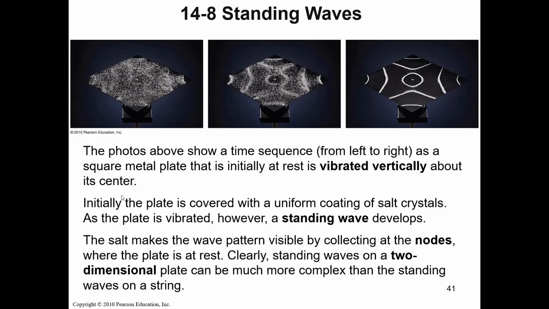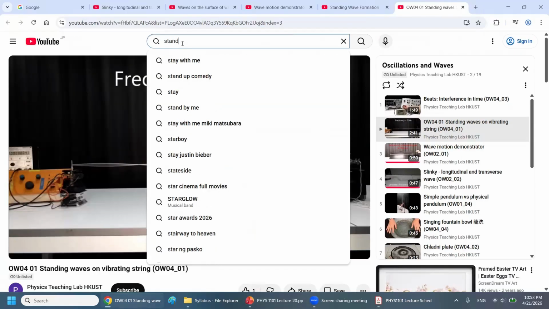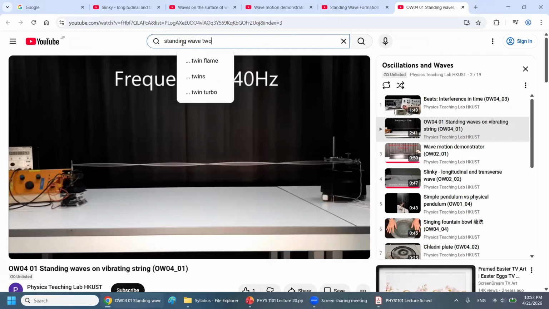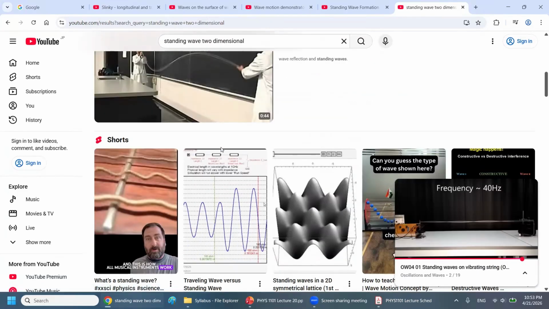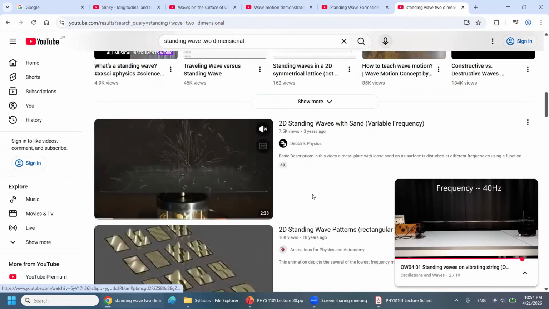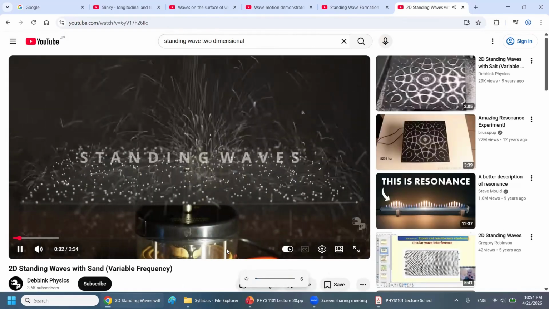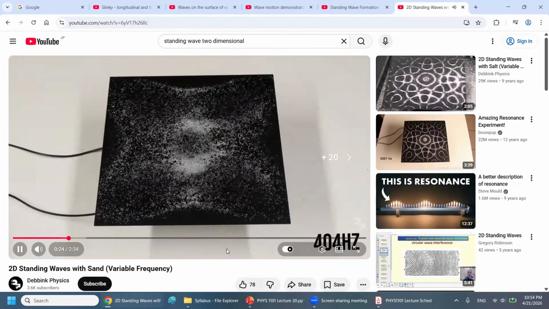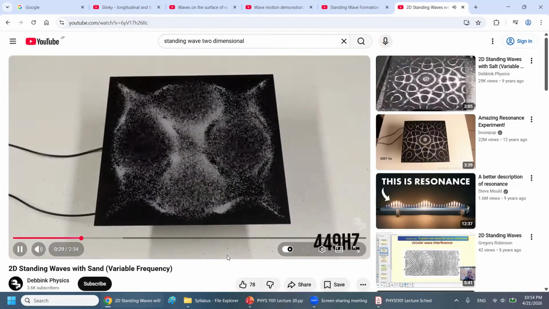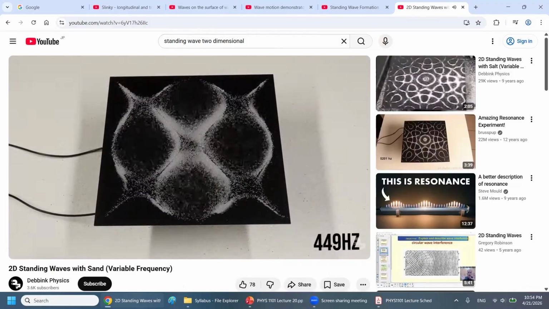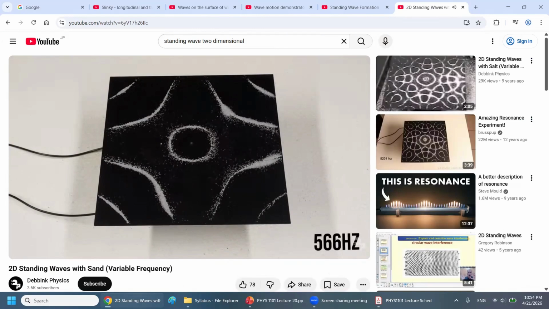So we can probably find a video on YouTube, searching for two-dimensional standing wave, and look at those salts. When it starts to vibrate, there are antinodes where the salt vibrates a lot, and there are nodes where the salt doesn't move.